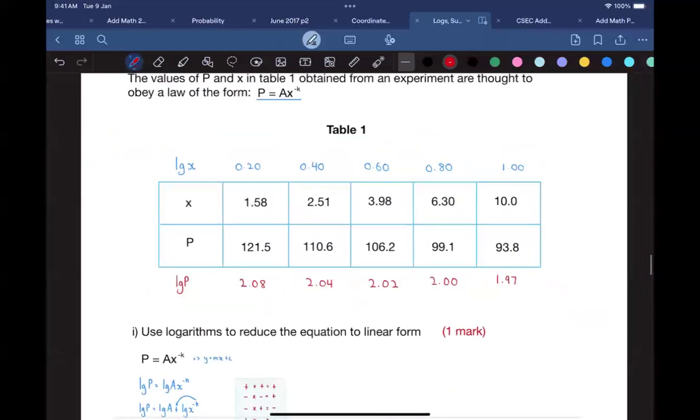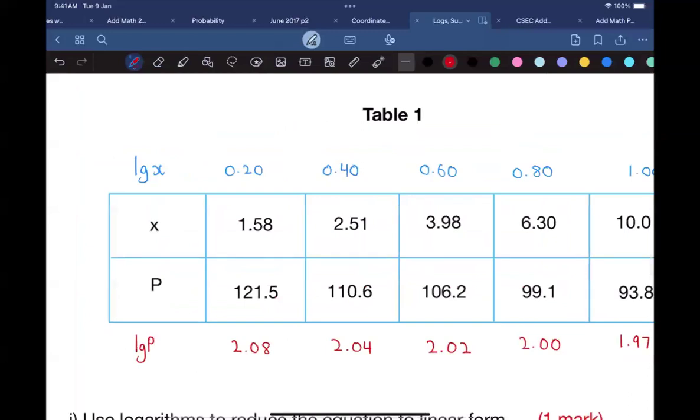Right. And the log x, that is going on which axis? The x-axis. Yeah, this here. And log p, that's which axis? Your y-axis.